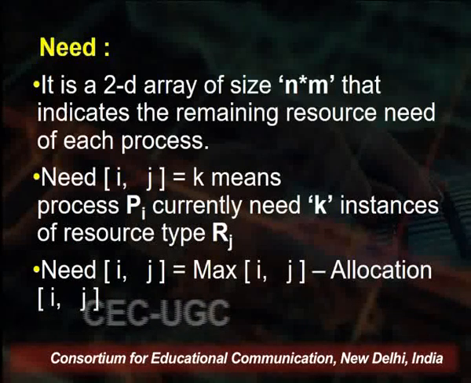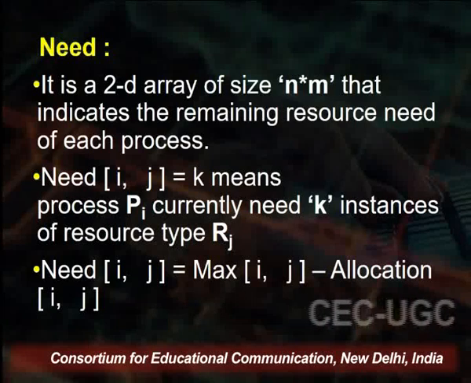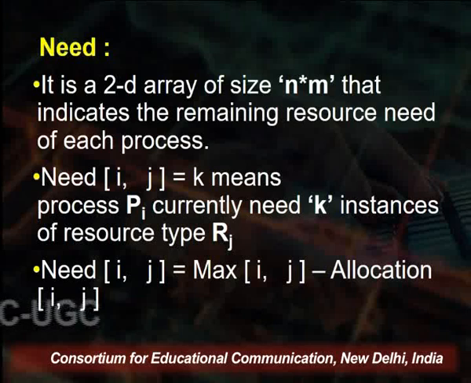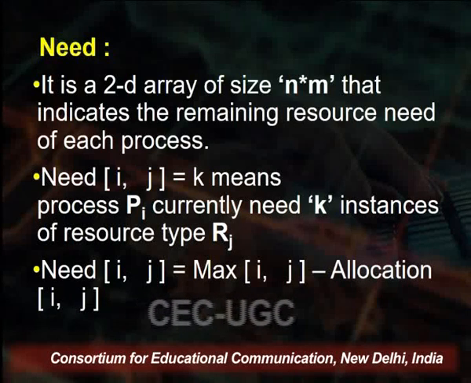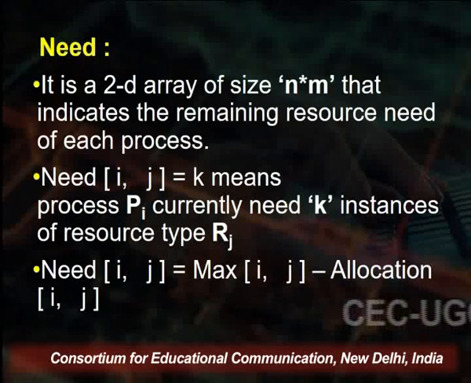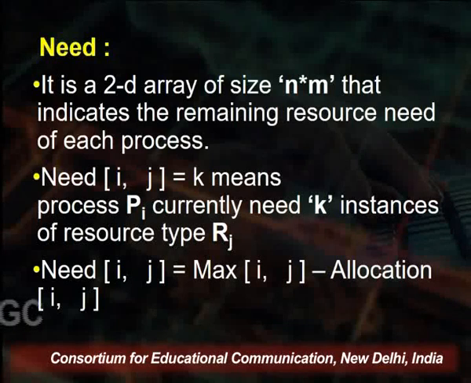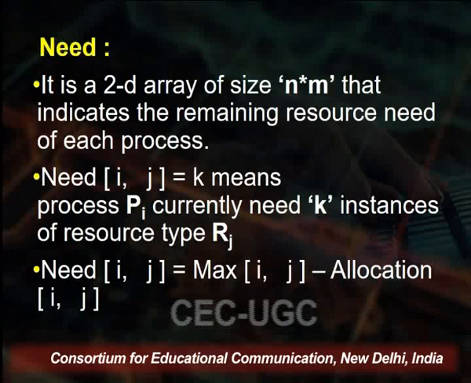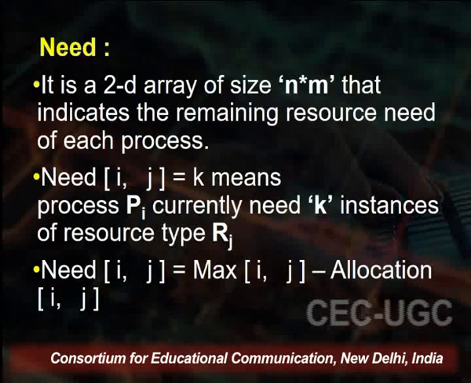So for example, allocation of ij is 2, and max of ij is, I can say, 5. That means the need is 3. So basically we can say need of ij is equal to max of ij minus allocation of ij.